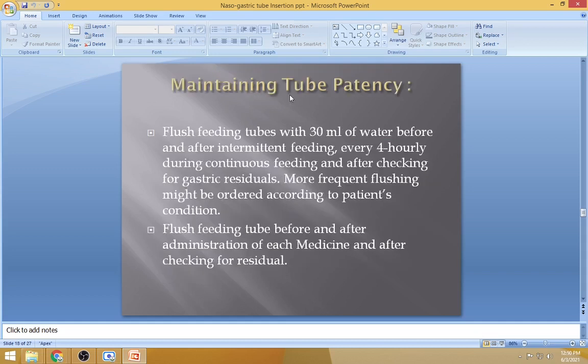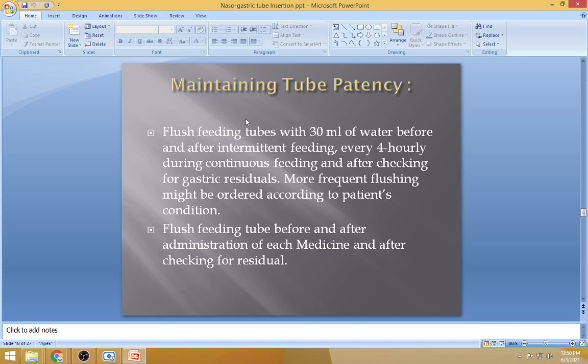So how to maintain the patency? Flush the tube with 30 ml of water before and after intermittent feeding. So before feeding, we always need to flush it, after aspiration, and every 4 hourly during continuous feed. Intermittent feed means some patients we feed not continuously, hourly we feed.